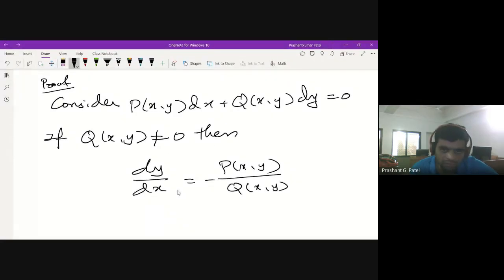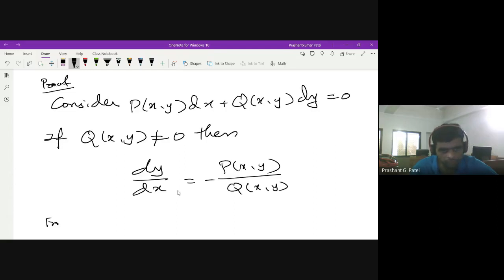And this is a first order ODE. We have seen the existence theorem in our previous course, ordinary differential equations, in unit 4, for the solution of a first order ordinary differential equation. So this is a first order ordinary differential equation.